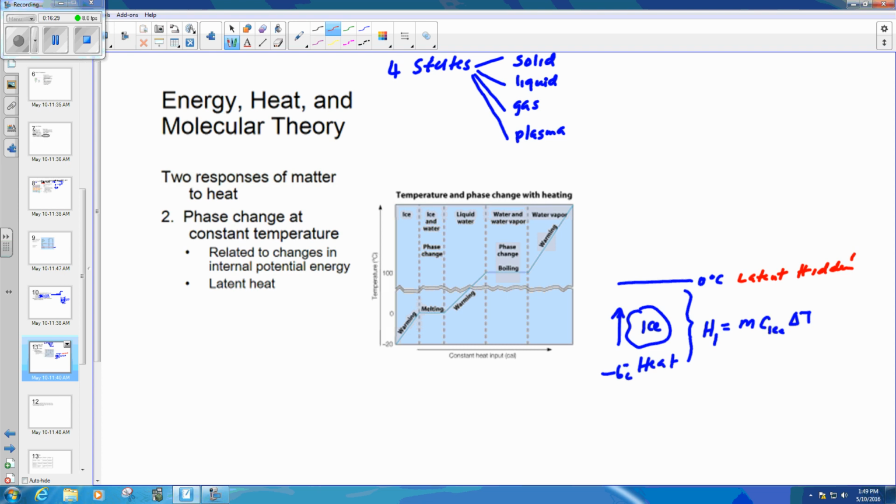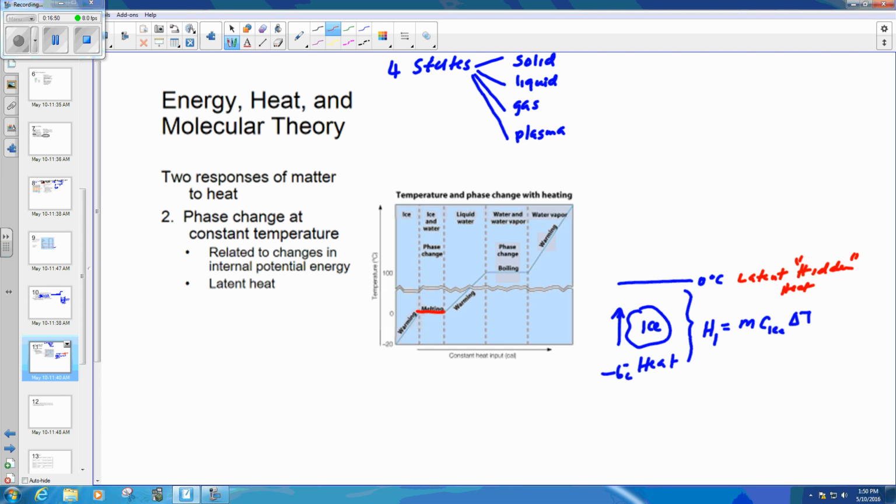Because all the heat that is supplied goes to melting or changing the phase from the solid to the liquid phase. So here, note the temperature at 0 degrees remains constant until all the ice has melted.